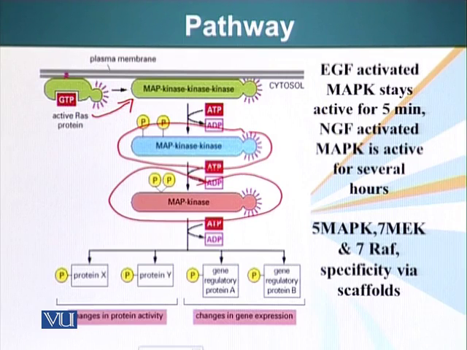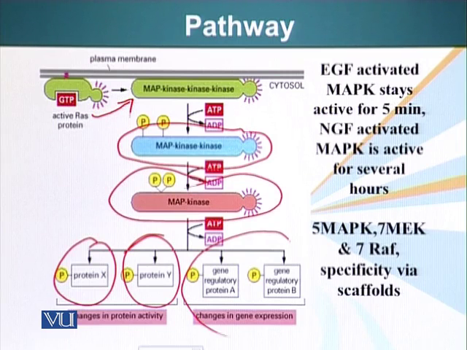So when MAP kinase is activated, it can result in activation of certain proteins, or it can alter the gene expression. Just as important, I have to mention that these names are generic names. There are, for example, many types of MAP kinases. So it depends upon the rest of the cellular machinery which of these particular molecules will be activated.